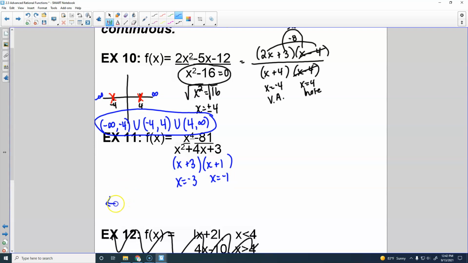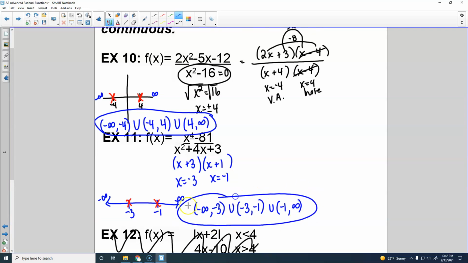So if I'm thinking on that x-axis, negative 3 is down here, negative 1 is up here. That's where my problems are. Negative infinity is over here, positive infinity is over here. So I would go negative infinity to negative 3, negative 3 to negative 1, and then negative 1 to infinity.